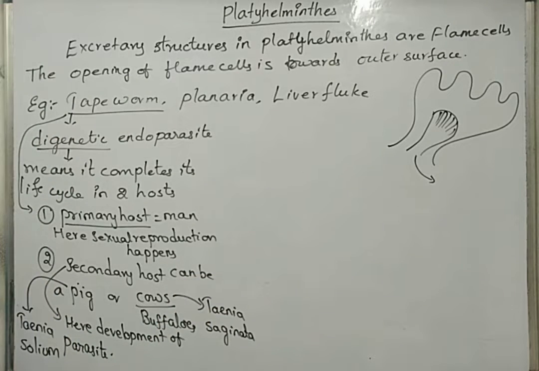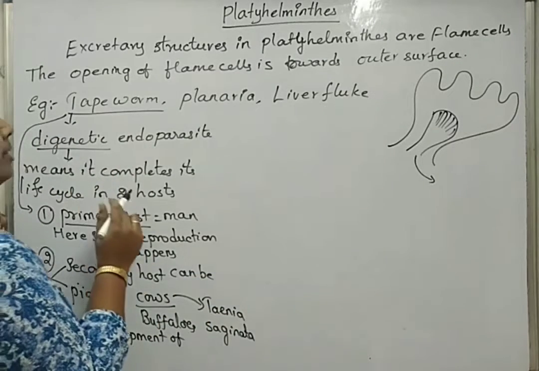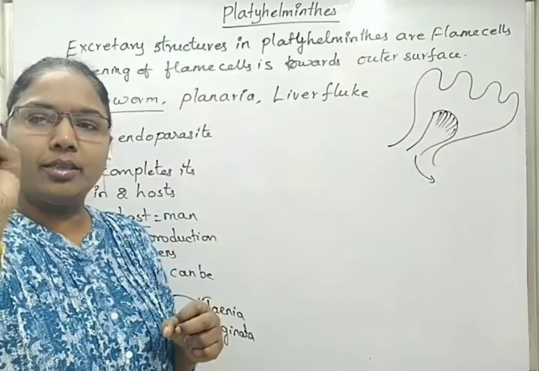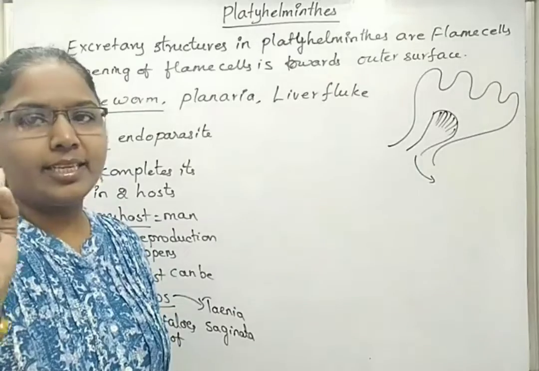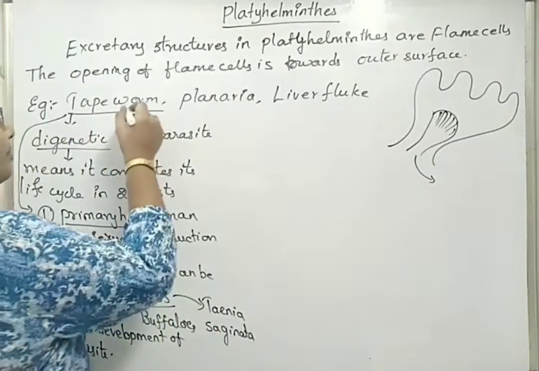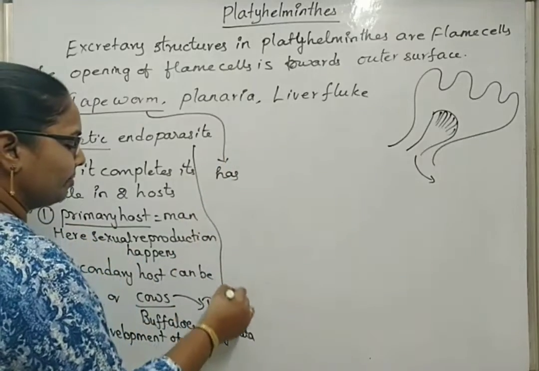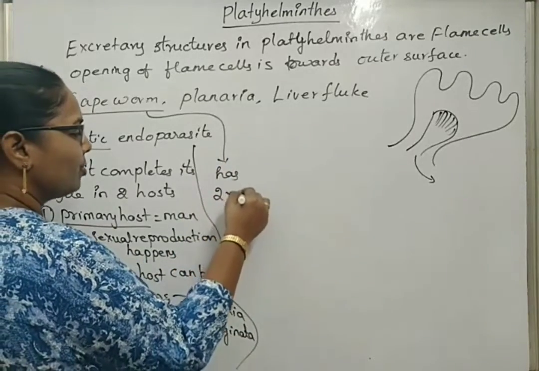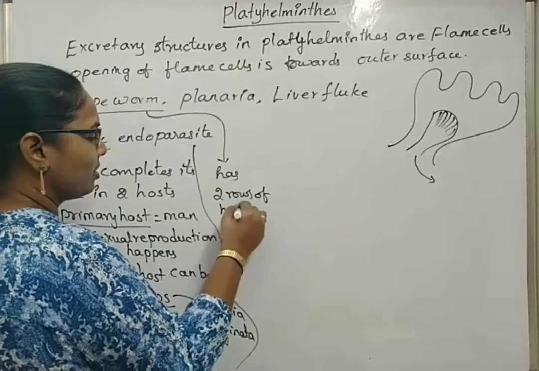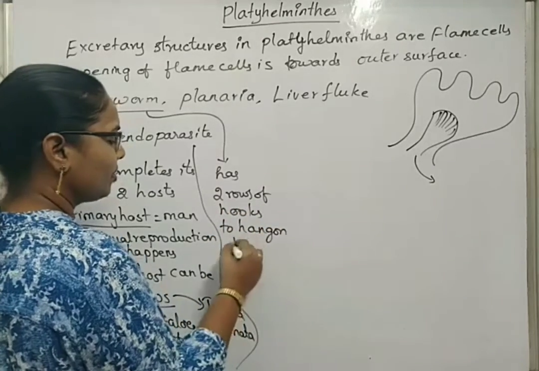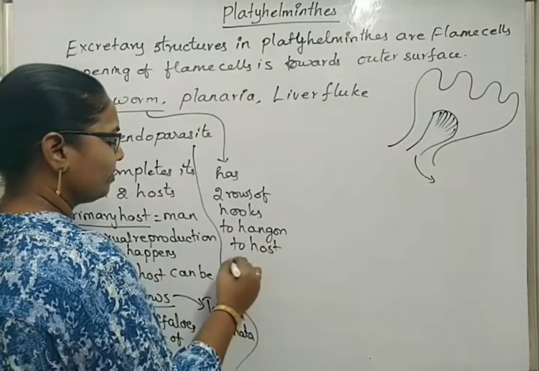This tapeworm has hooks and sucker-like structures to cling onto the intestinal walls after infection. It has 2 rows of hooks to hang on to the host intestine.